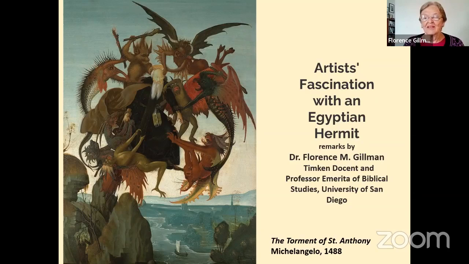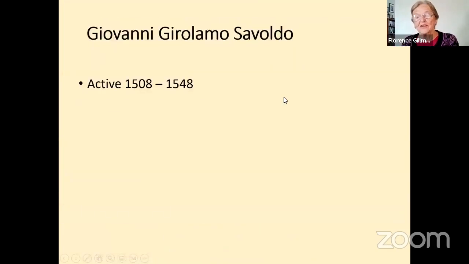So the title, Artist Fascination with an Egyptian Hermit, is actually the second in a series that I'm creating on hermits, which is an unusual topic, except that it's inspired by a painting in the Timken collection, which I'm trying to move to now.